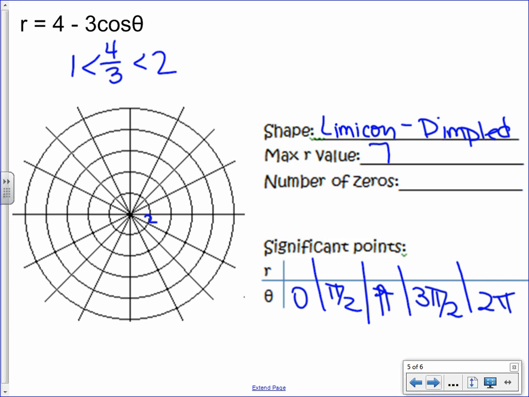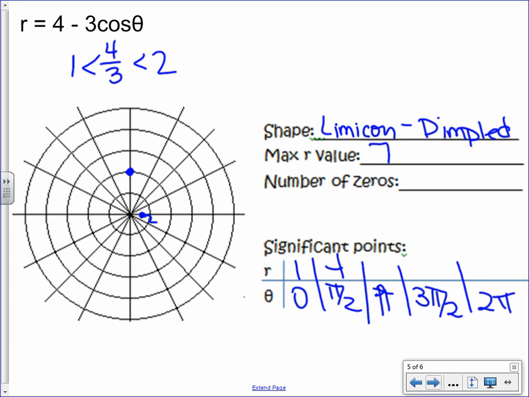When we plug in 0, cosine of 0 is 1, so R is 1. Okay, pi over 2, what's the cosine of pi over 2? 0, so R is 4.